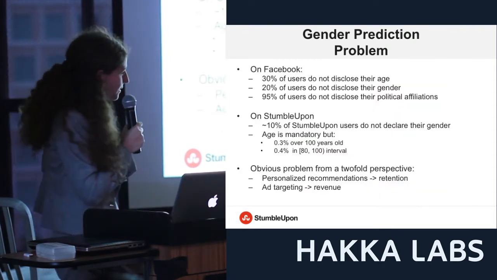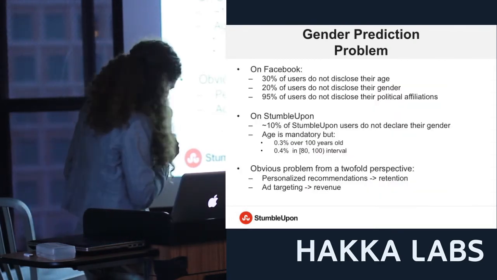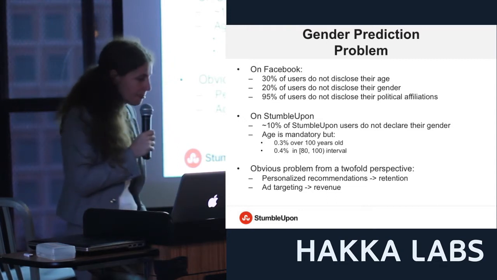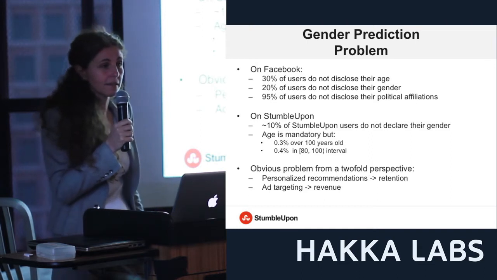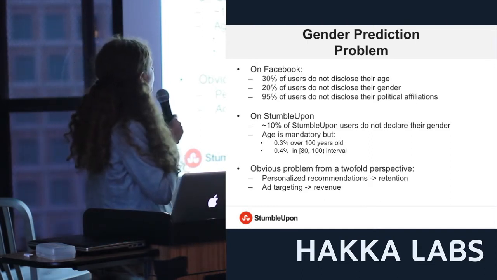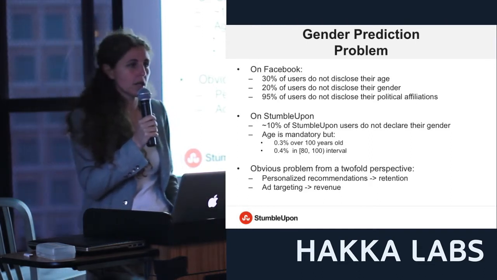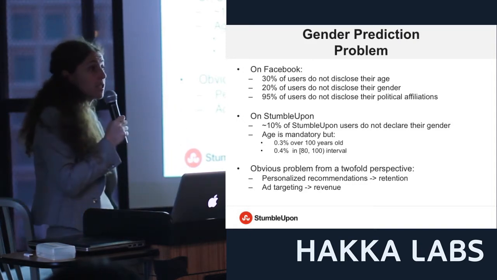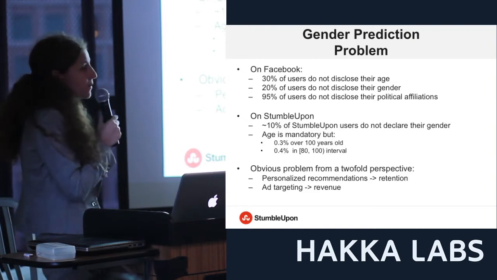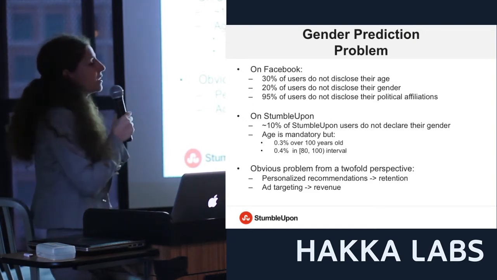Another paper that I read recently was from 2010. They give some numbers. They say that 30% of users do not disclose their age on Facebook, 20% their gender, and 95% political affiliation.